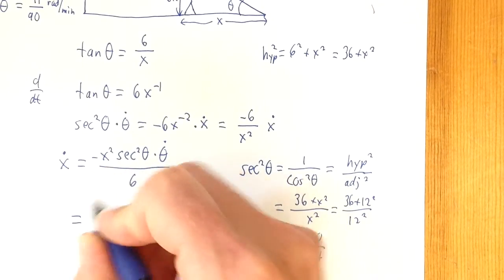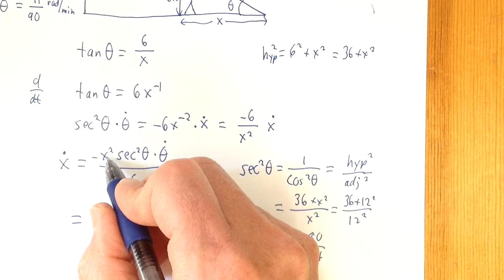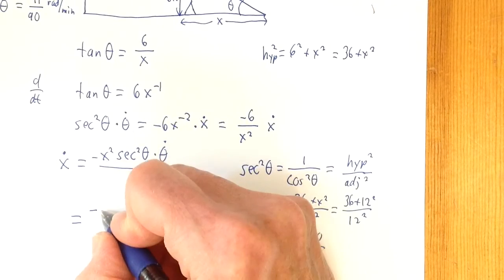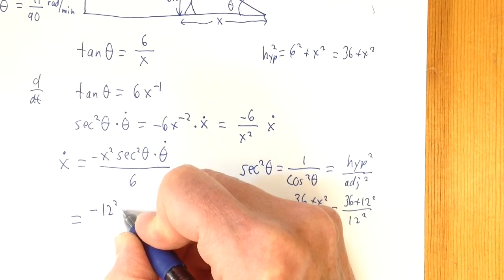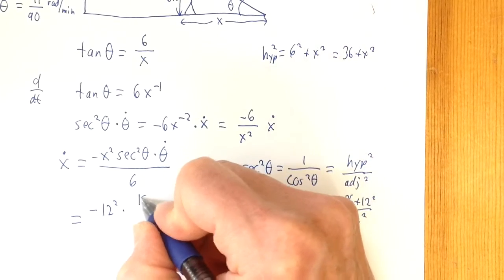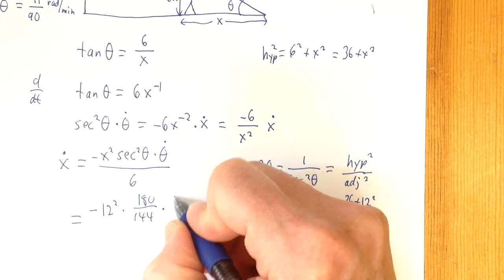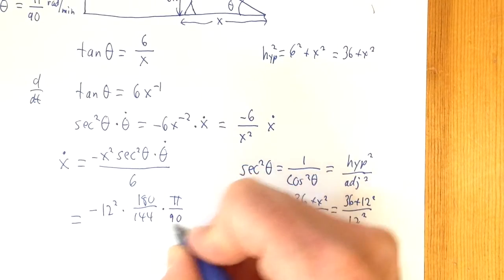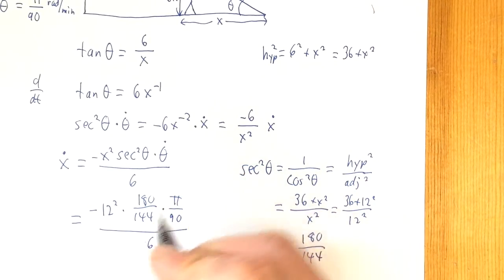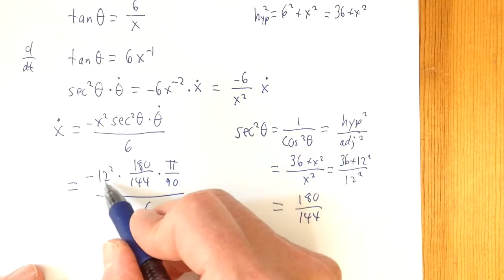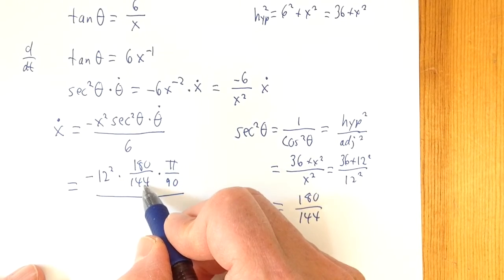So all of this then is negative x squared. X is 12, so that's 12 squared, times secant squared, which is 180 over 144, times theta dot, which is pi over 90, divided by 6. Notice this is really nice. 12 squared is 144. That's how we got that.